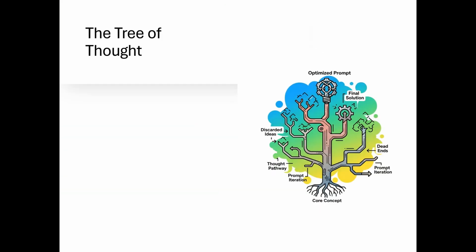There's another approach you could use, and this is called the tree of thought. The tree of thought is good at breaking down problems. It splits complex tasks into smaller steps. And you can imagine it like a tree with many branches and leaves on the end of those branches.